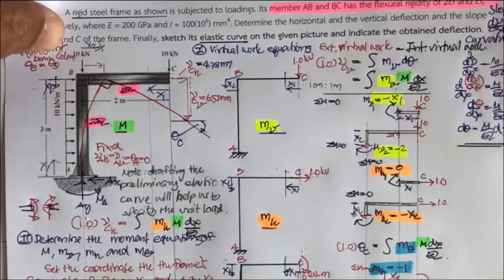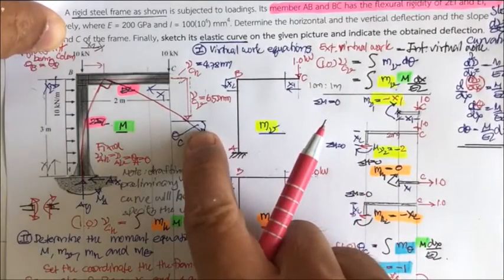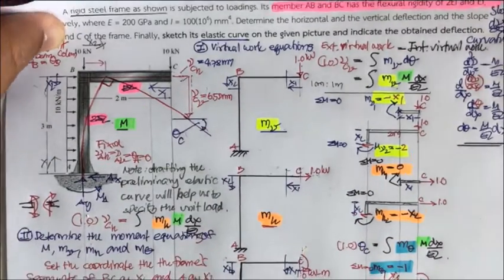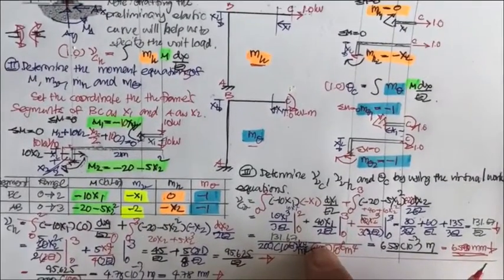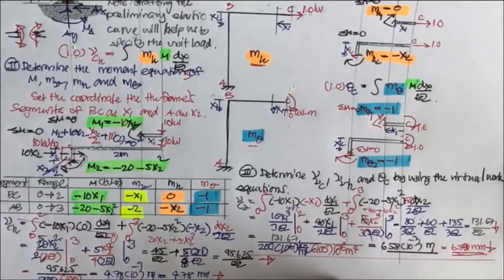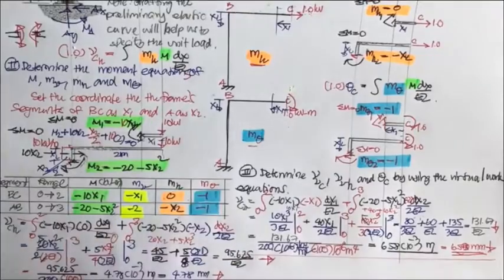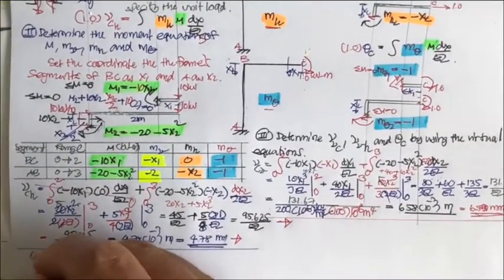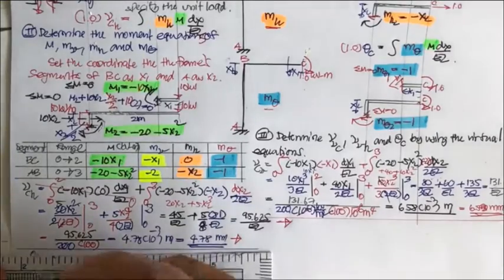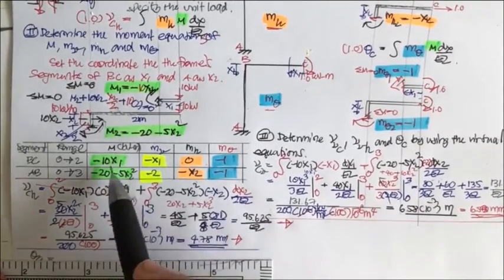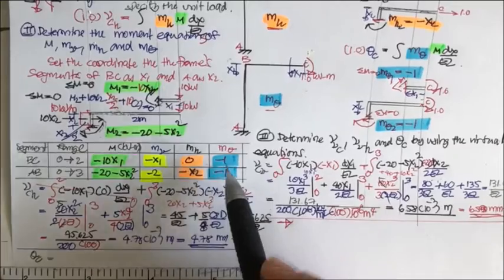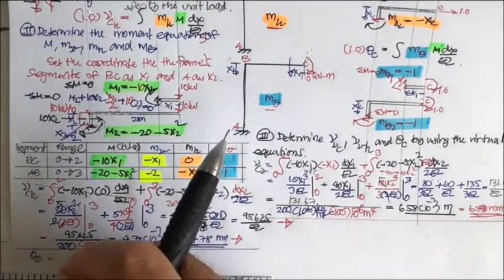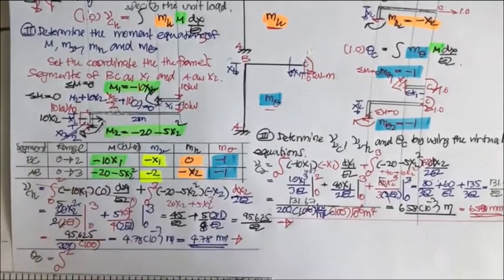Okay, and next, theta sub c. Do the same thing at the theta sub c. Okay, this is the end of this one. That we have the theta sub c. Theta sub c is equal to the same thing. This one is going to be this one and this one. Okay, and then it's going to be integration from 0 to 2.